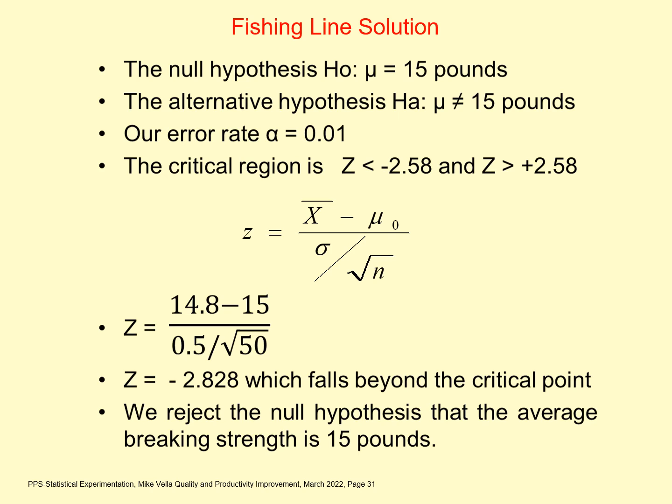Our calculation is that we find that the z is minus 2.828, which unfortunately falls beyond the critical point of 2.58. And therefore, we have to reject the null hypothesis that the average breaking strength is 15 pounds and conclude that we cannot support the manufacturer's claim.